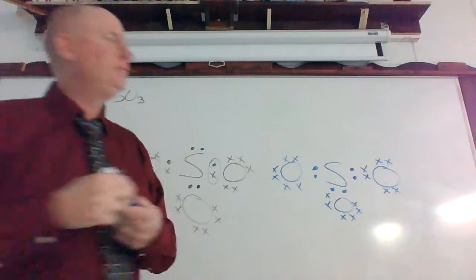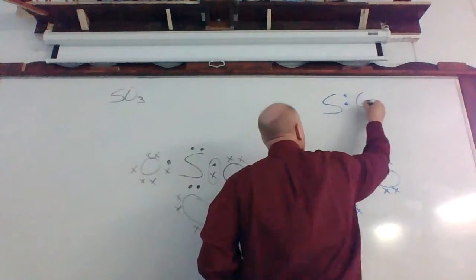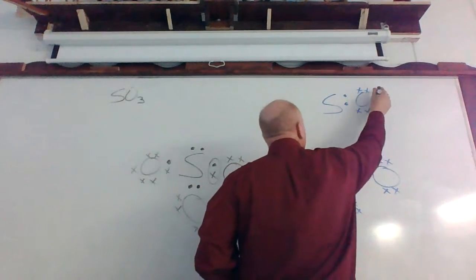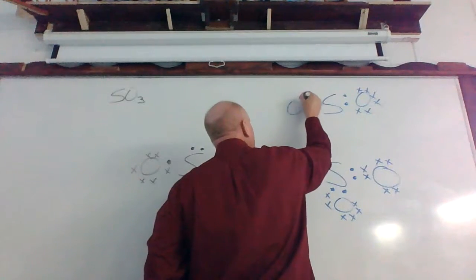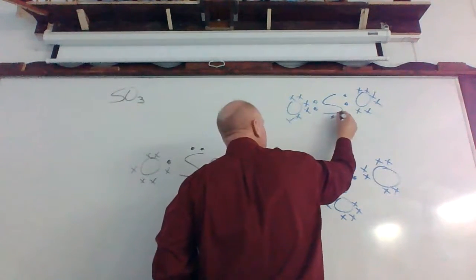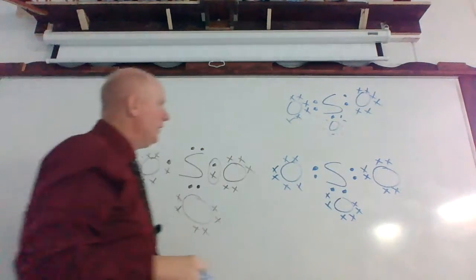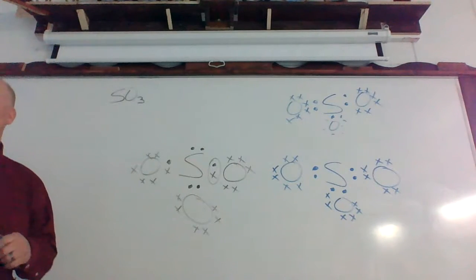Yep. So this would be a resonance structure, and then put your oxygen down here. I know I just did that really quickly. I know you're not supposed to do that, but now you get the general idea.